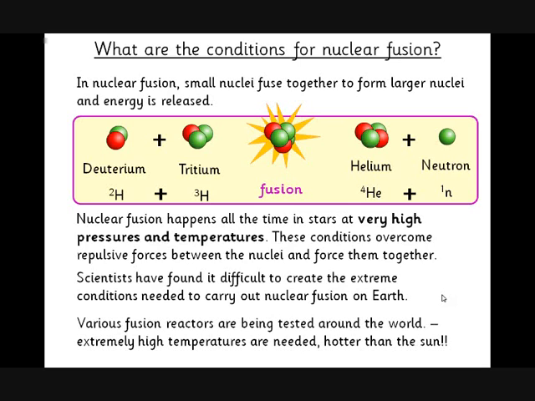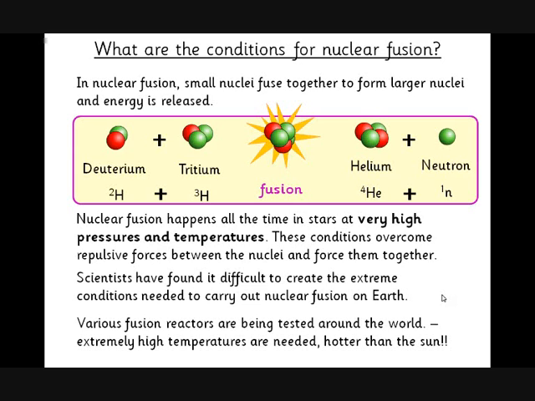It really would be fantastic to be able to do nuclear fusion on Earth. But we've done lots of testing, and it does just about work at the moment, but the problem is that, as you've seen, we need really high temperatures, much hotter than the sun, because we've got to get to the temperatures at the centre of the stars. So we need really hot temperatures and high pressures, so it's very, very expensive.